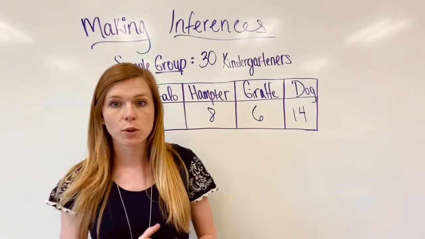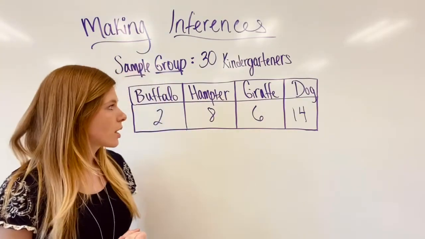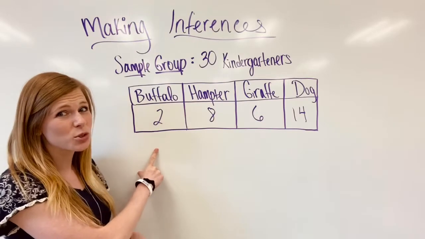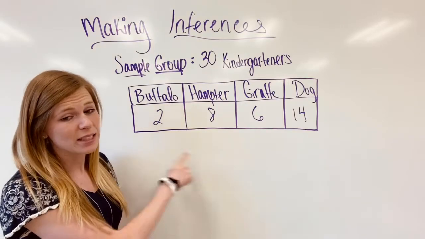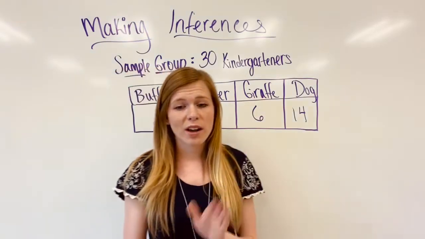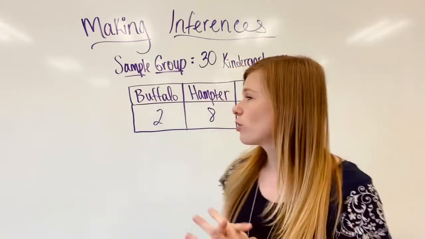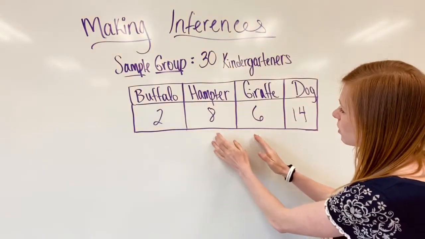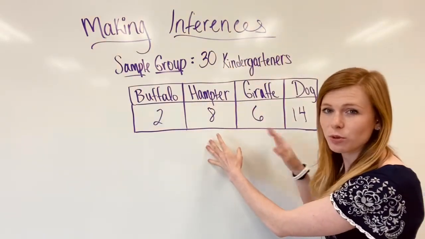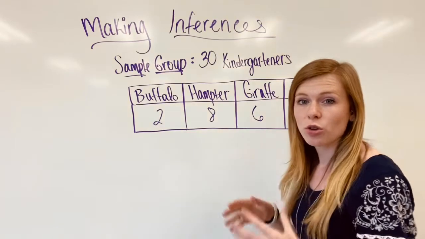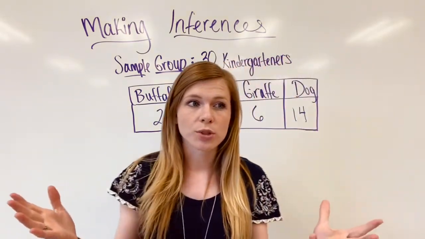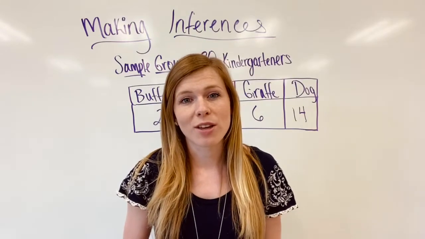That's another inference we could make. Another one is that not very many students preferred buffalo. And then just one more example is that you might notice almost the same amount of students preferred hamsters as preferred giraffes.